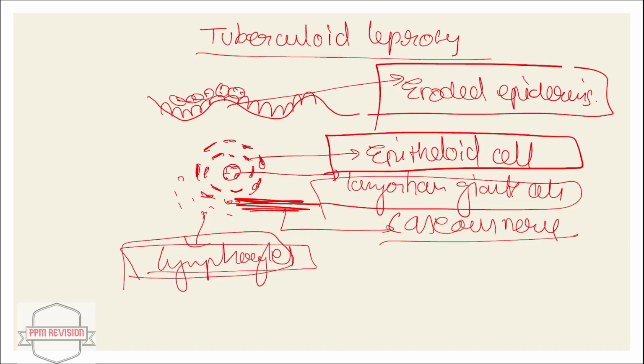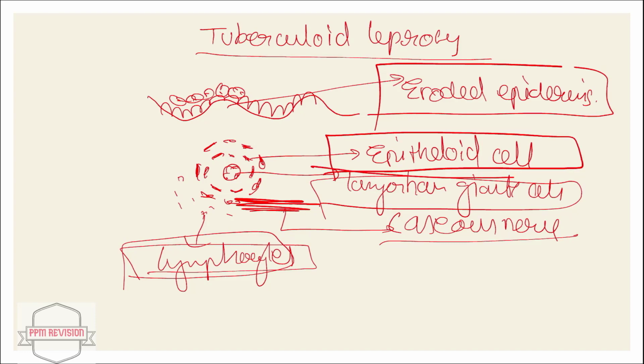Now just looking at some of the points: normal or thinned out epidermis is present, small foci of epithelioid cells with a zone of round cell infiltration around them, with occasional Langerhans type of giant cells without caseation. Okay. And then infiltration of round cells around the nerve bundle.